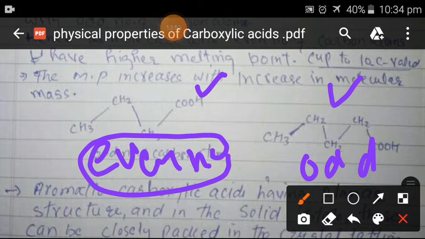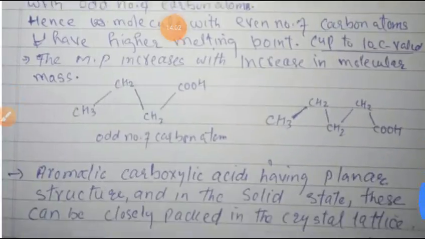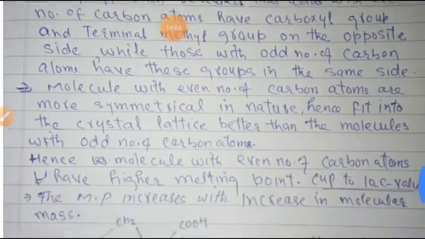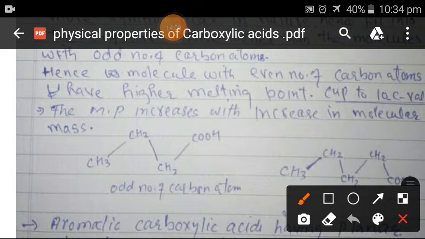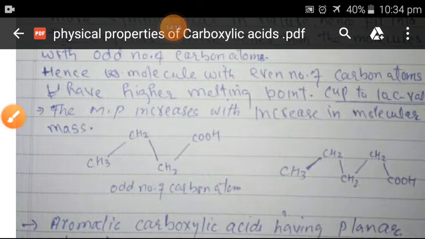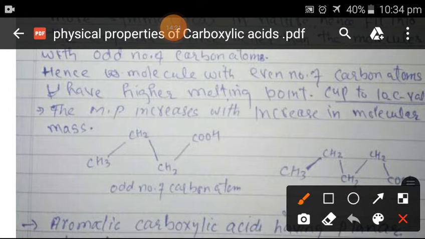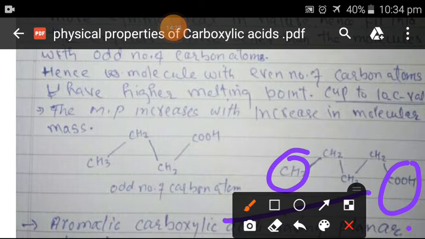So from the X-ray diffraction studies it has been revealed that the molecule in which the carboxylic acid group and methyl group are opposite to each other has a higher melting point as compared to the molecule in which they are not opposite but on the same side, in the cis direction.